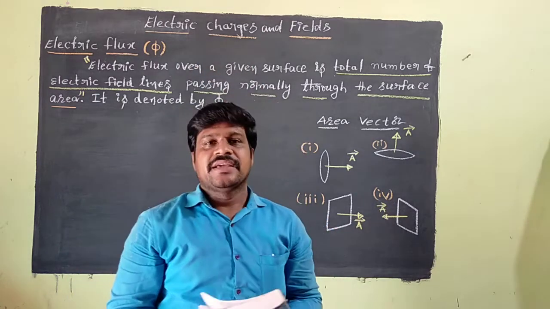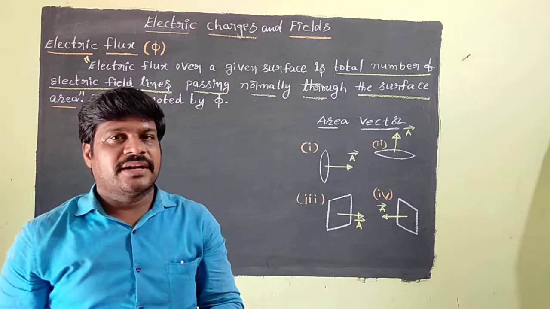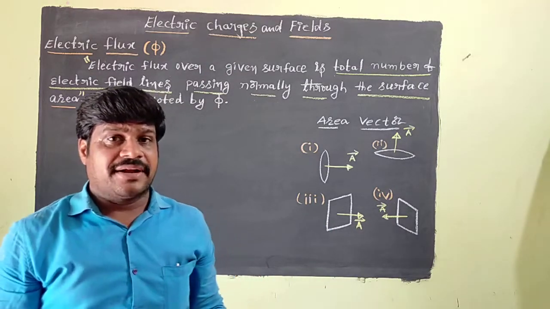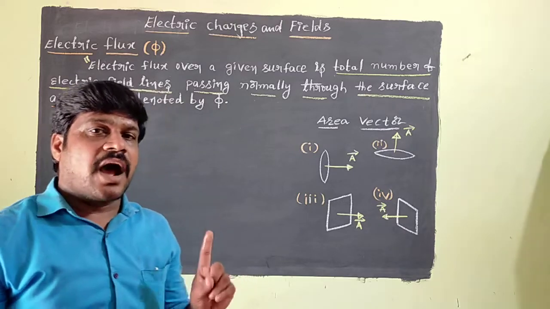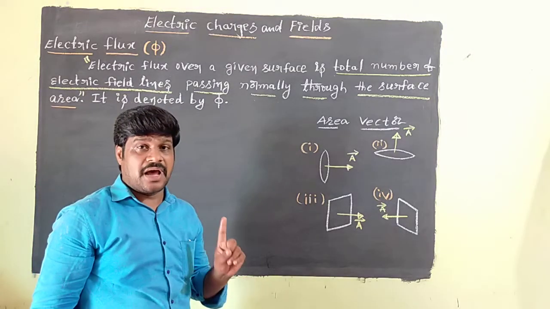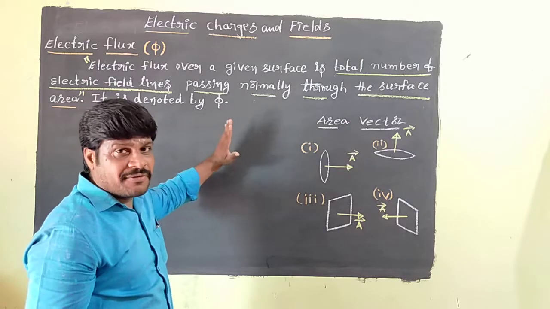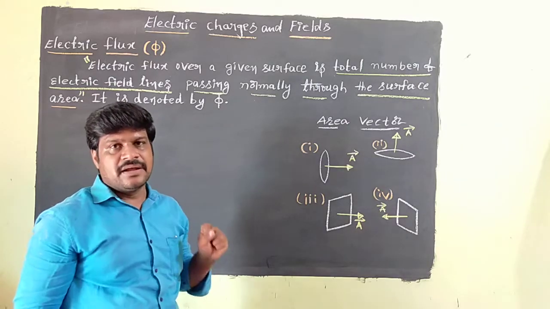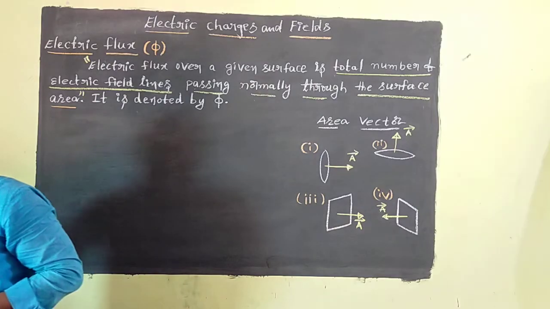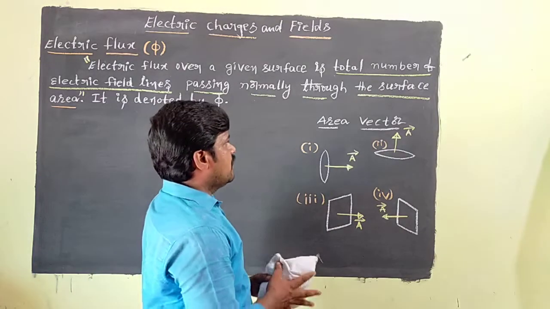Just remember this: area is a vector quantity. The direction of the area vector is always normal to the surface. Whatever surface you have, for that surface this is nothing but the normal. Now I think you got the idea, right? Any doubts, you can ask me later.